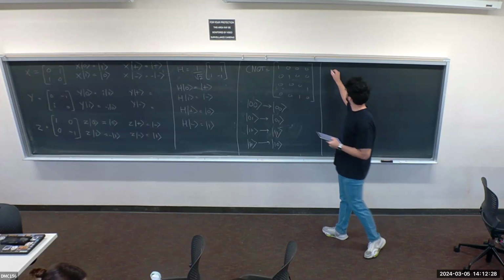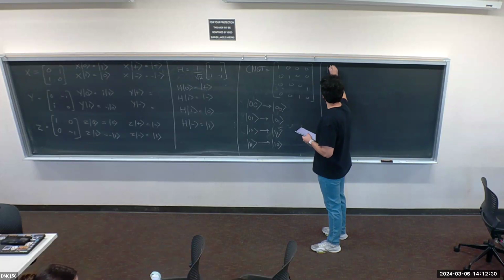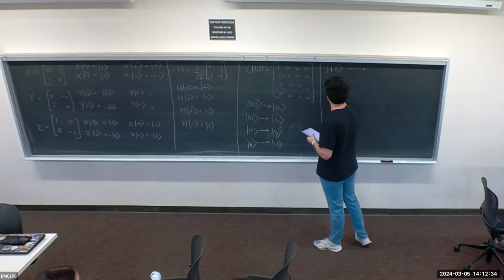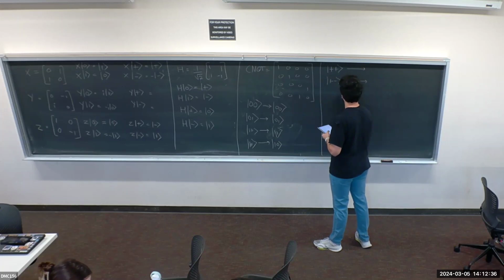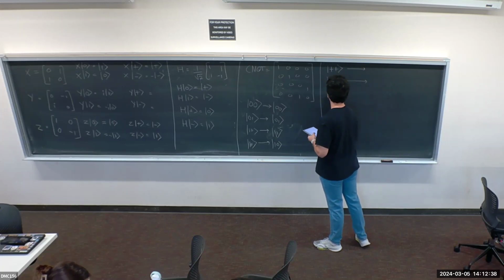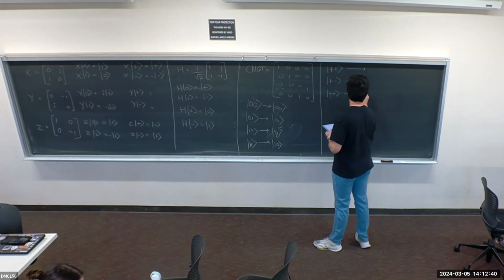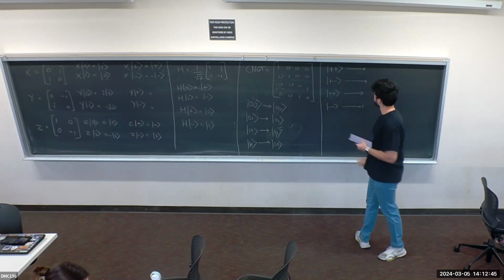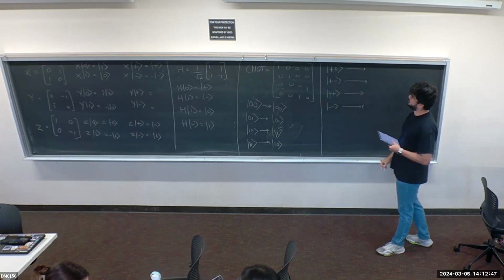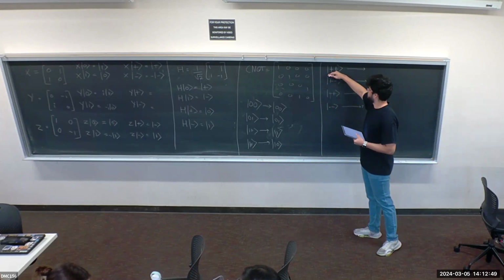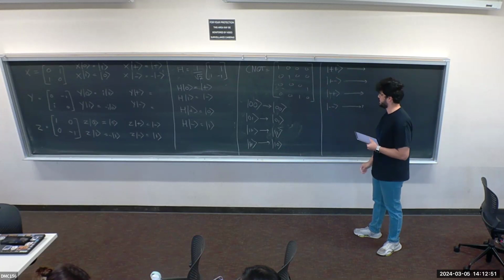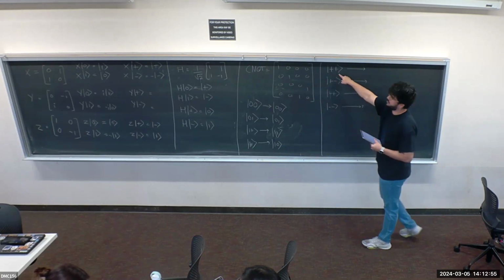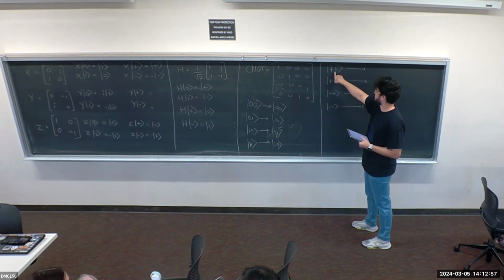Now what happens to the Hadamard basis states under the action of CNOT? So I will just quickly go through the first one and then you guys can try to calculate the other three. So we will first calculate the vector for the plus plus state.